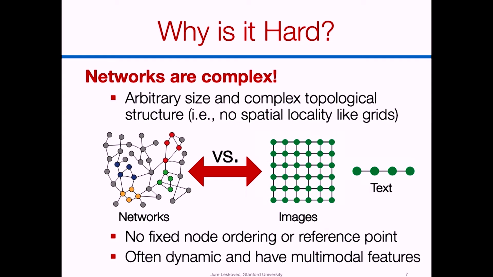It's clear what is on the top, it's clear what's on the bottom, it's clear where is left, and it's clear where is right. Networks have no spatial locality, no organization where we could say what is left and what is right. And what is more interesting, networks are dynamic and have multimodal features and attributes attached to their structure.